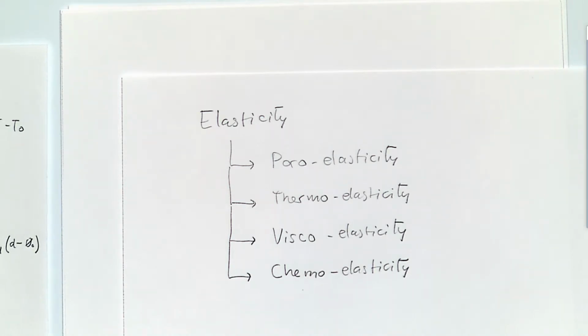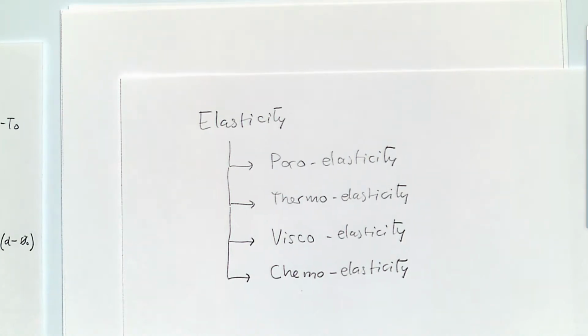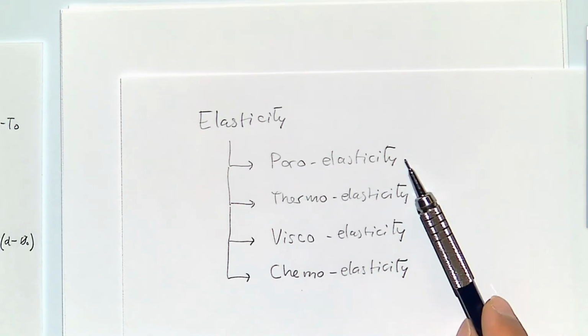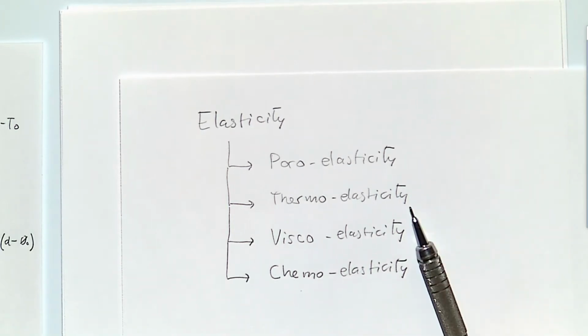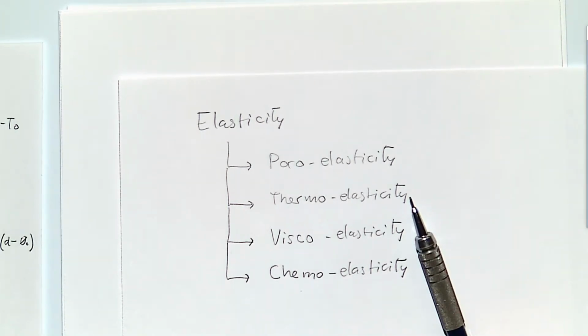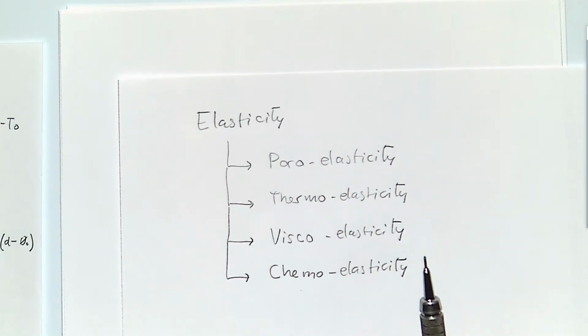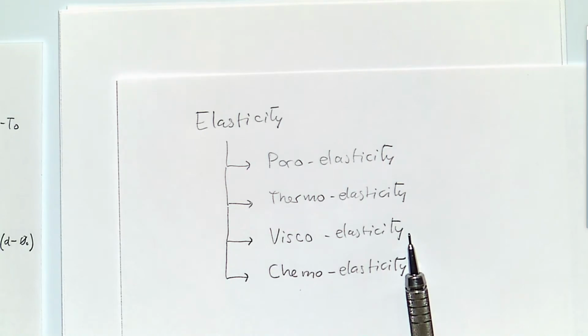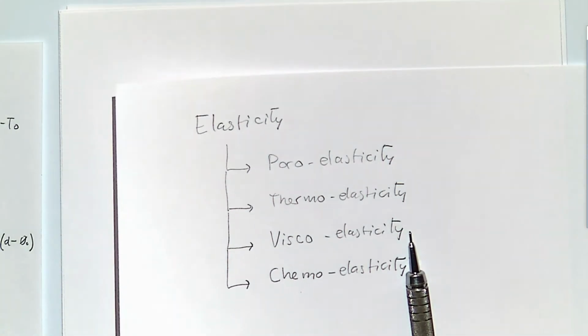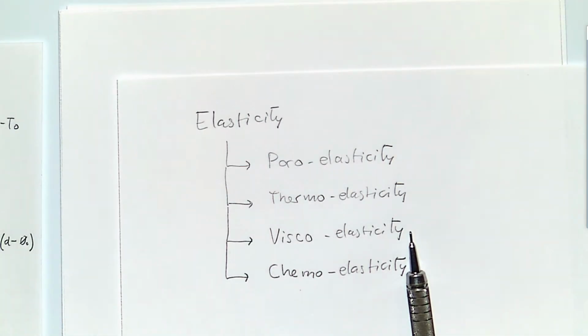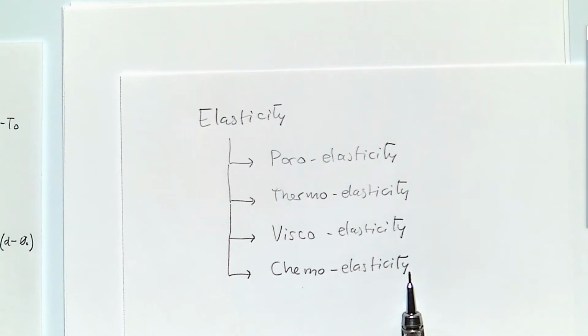We do not design rocks, and sometimes they are very complex. They are porous materials. Many of our applications involve large changes of temperature, because rocks are natural materials many times. They exhibit viscous or viscoelastic response. And inside the rocks, we have minerals that react differently with different pore fluids.